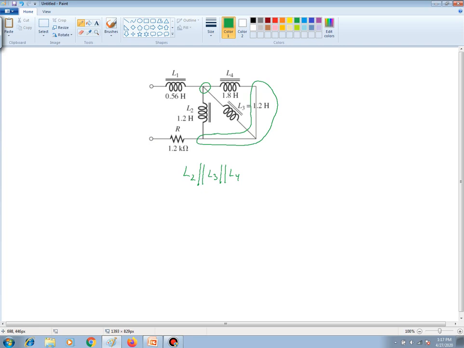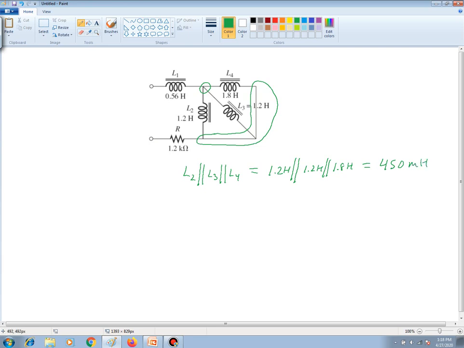Let's figure out what the parallel equivalent is. That would be 1.2 henries in parallel with 1.2 henries in parallel with L4, which is 1.8 henries. All of that gives us an equivalent of 450 millihenries.